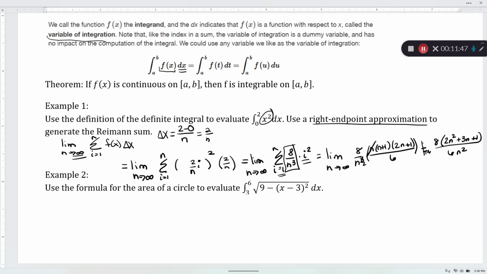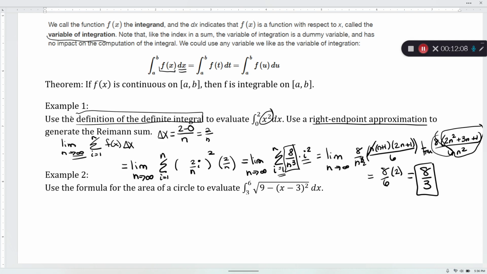Ultimately, we're taking the limit of this, so 8 over 6 is kind of a coefficient, and you think about the limit of that, you would see that that limit is 2. So ultimately, in the end, simplifying this, we would get 8/3 by taking the limit, which is the definition of the integral. Those are kind of tricky.